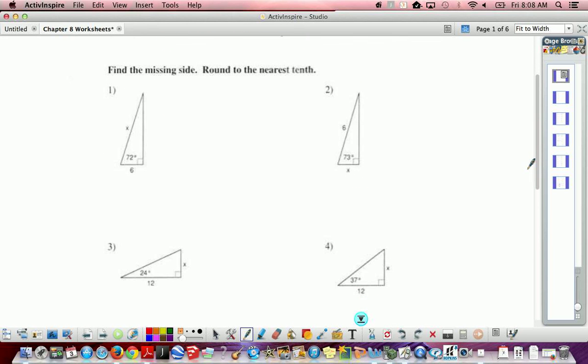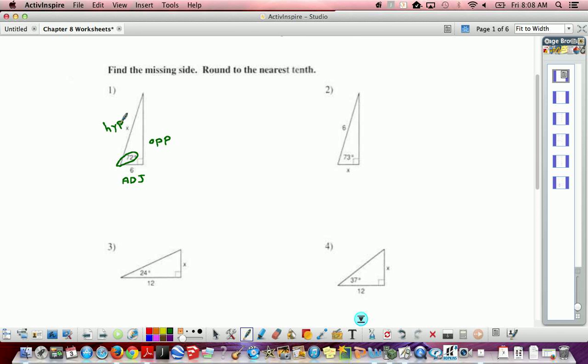So when I go and do right angle trig, I always start off by locating where my angle is located. So here I have 72 degrees in the bottom left corner. Then I want to label my triangle based on where that angle is located. So the side right next to the angle, that's not the longest side, is the adjacent side. Straight across from the angle is the opposite, and the longest side across from the right angle is your hypotenuse.